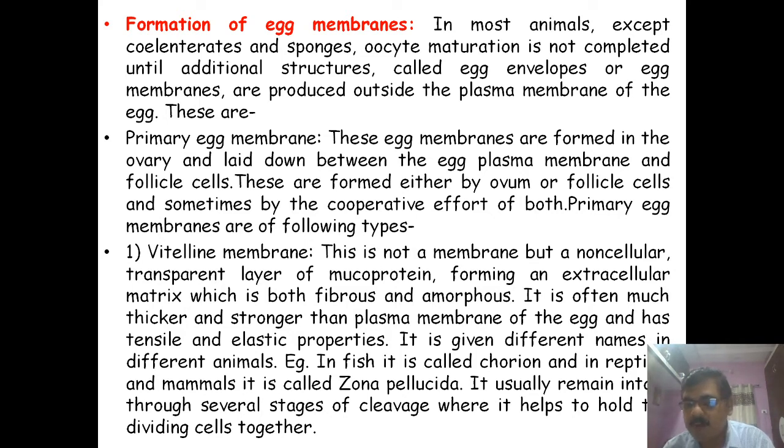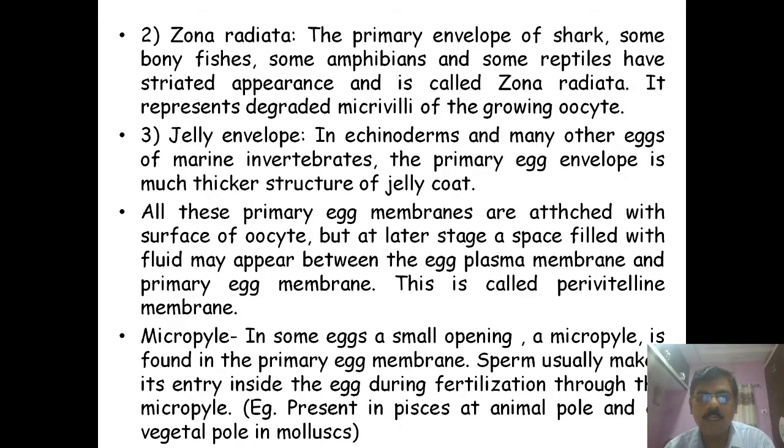It is given different names in different animals. For example, in fish it is called chorion, and in reptiles and mammals it is called zona pellucida. It usually remains intact through several stages of cleavage, where it helps to hold the dividing cells together.